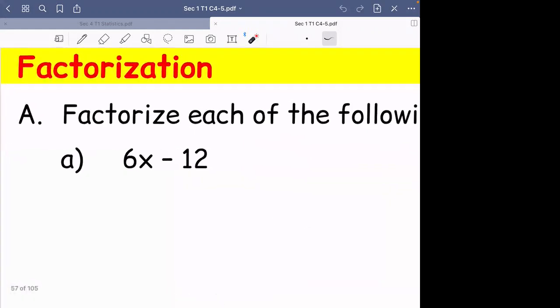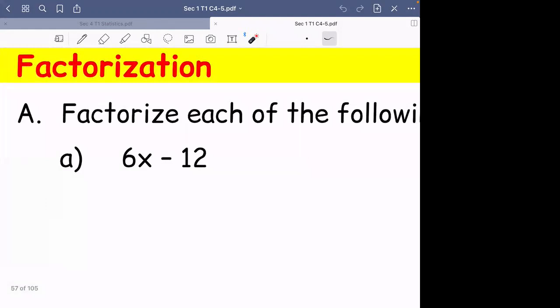All right, so let's observe letter A. So we have 6x minus 12. First observe the numbers. Is 6 and 12 divisible by a certain number? And what is that number?